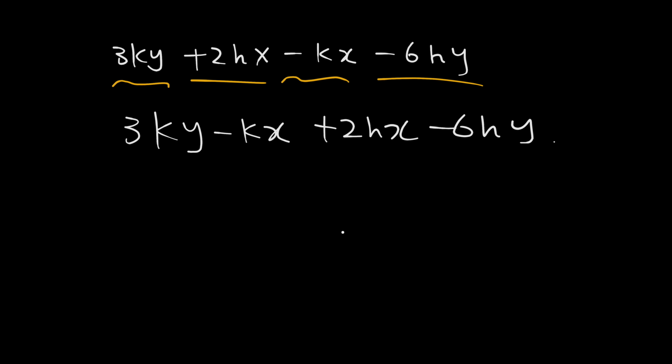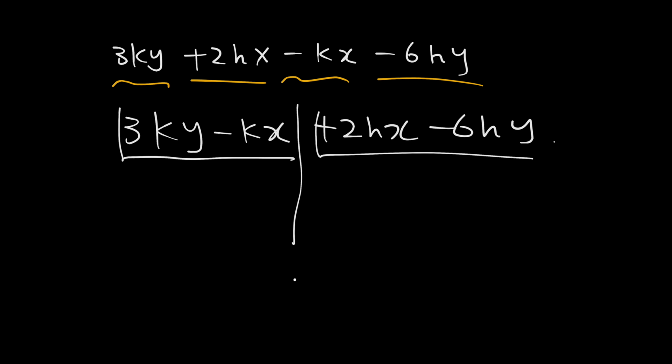According to your working, you do this, then you do this, right? In between, you can take out k here, so you get 3y minus x. Then you take out 2h, then you get x minus 3y.